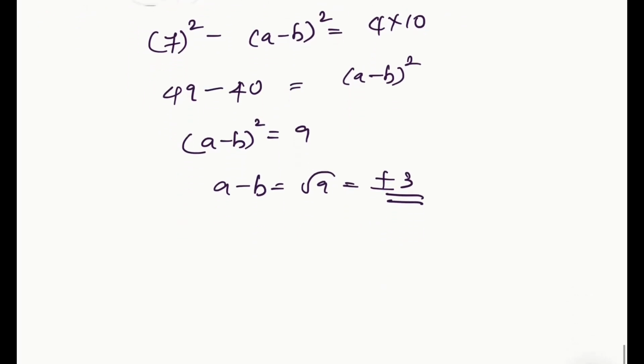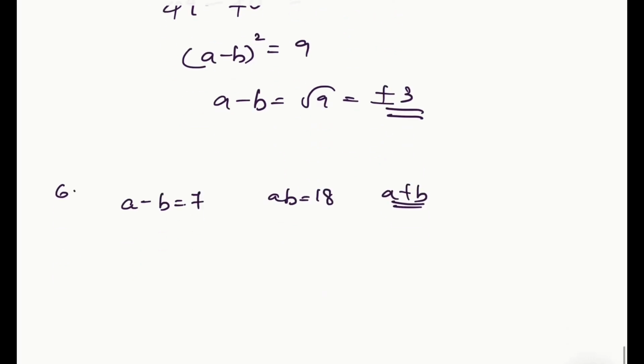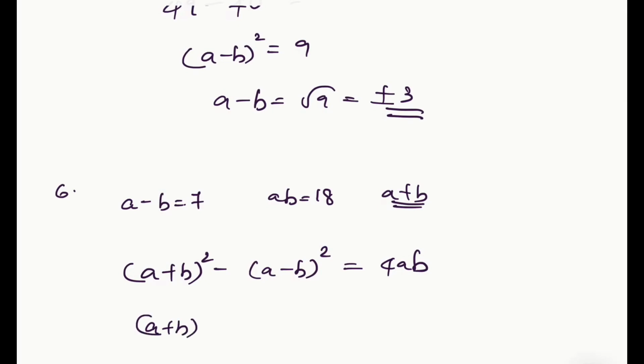Okay. Now let us do the sixth main. A minus b is equal to 7. AB is equal to 18. And find a plus b. How will you do it? Same formula let us use. A plus b whole square minus a minus b the whole square equal to 4 times ab. A plus b we don't know. So a plus b the whole square minus 7 square equal to 4 times 18.